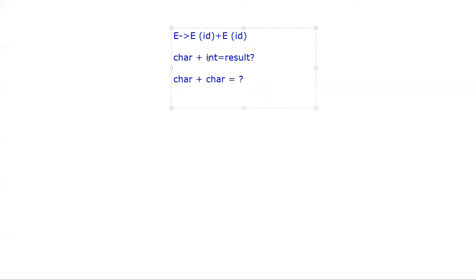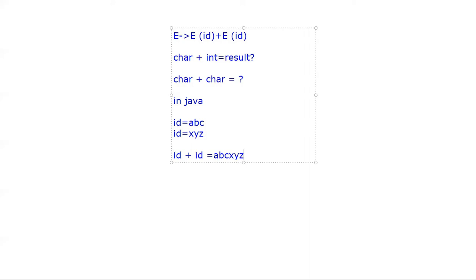For example, if we talk about Java, and suppose one ID value is ABC and another ID is replaced by XYZ, and if we apply ID plus ID, then obviously the result will be the concatenation ABCXYZ, which means the expression meaning is defined in Java while designing the compiler.